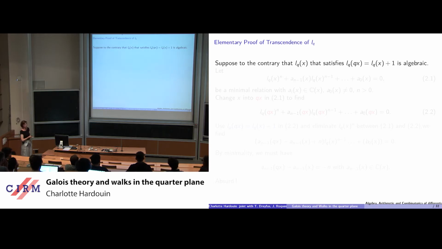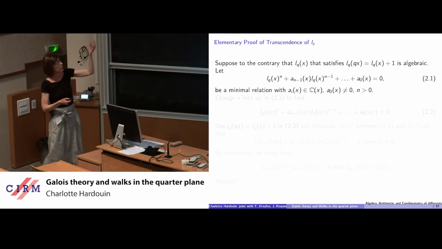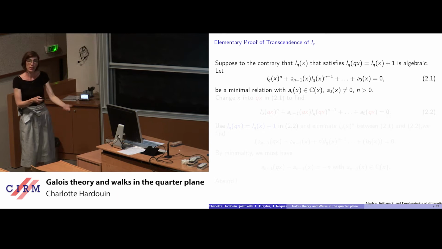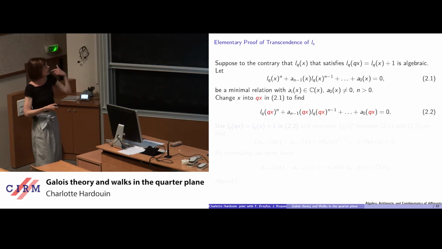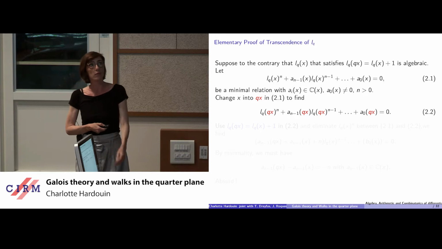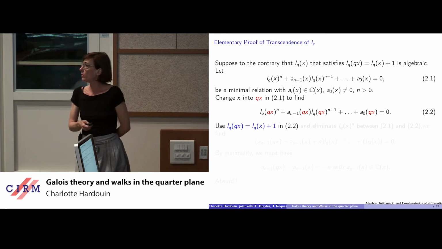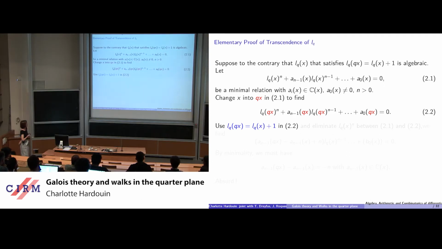You suppose to the contrary that it is algebraic, and you pick up a minimal polynomial relation. So this n is minimal, n is strictly positive. Then you use the dynamic of your discrete equation by changing x into qx in your relation, and you use the form of the discrete equation to plug it in this new relation to find a new algebraic relation for the q-logarithm.